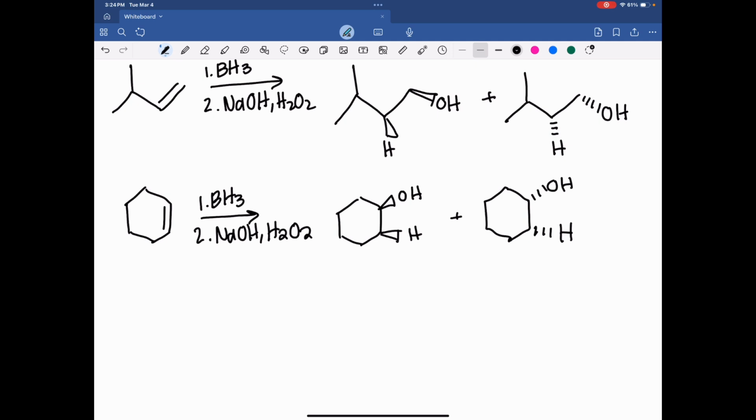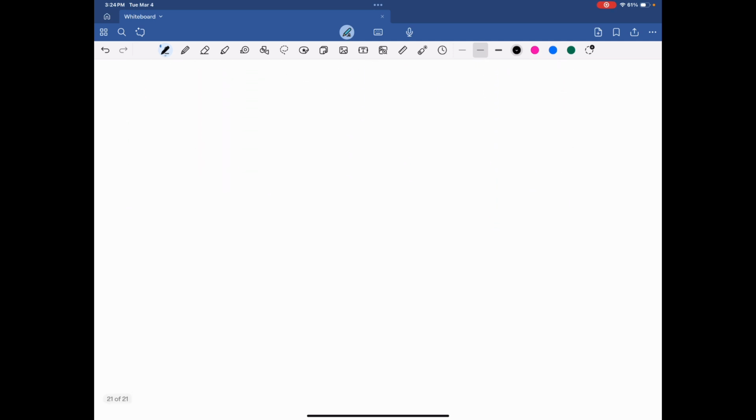Alrighty. Let's do catalytic hydrogenation. So for this one, Markovnikov does not apply. There's no carbocation, no rearrangement possible.